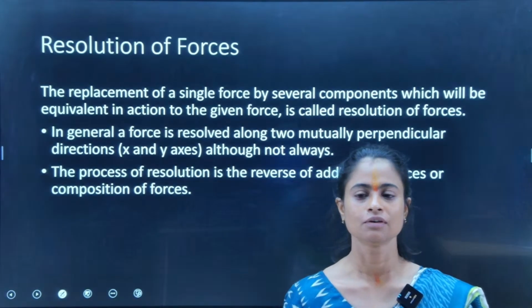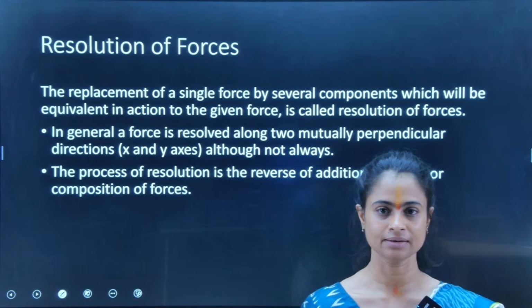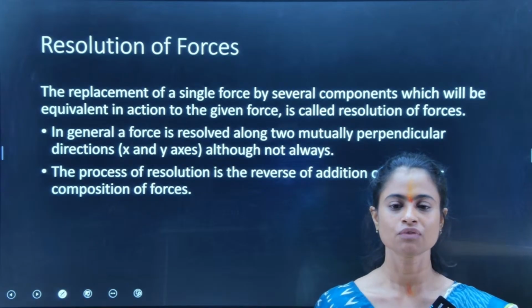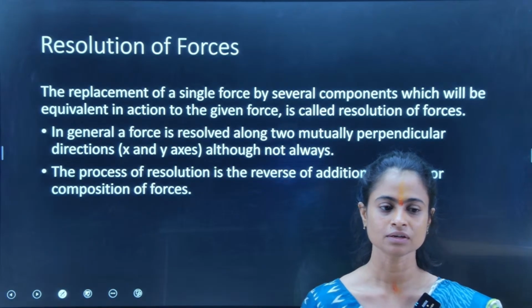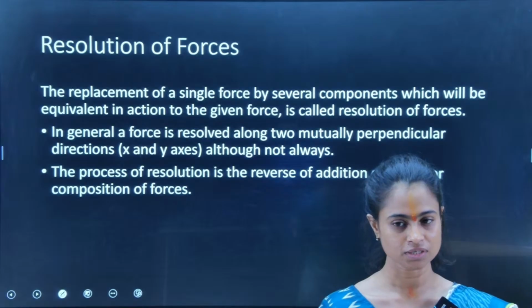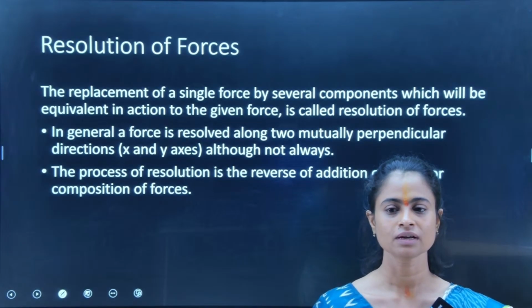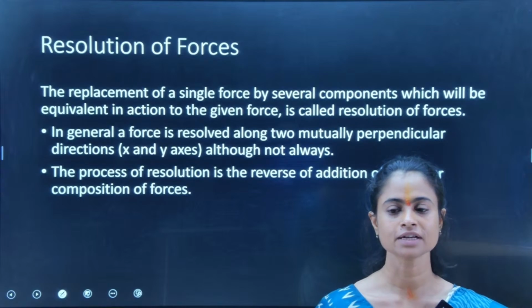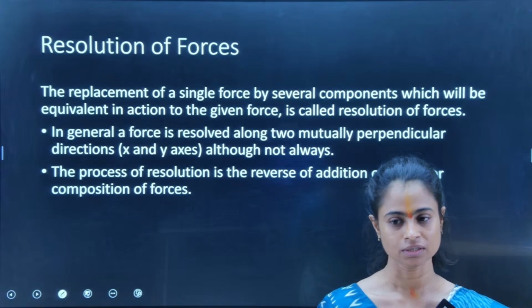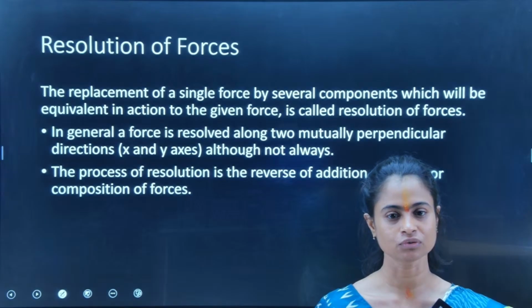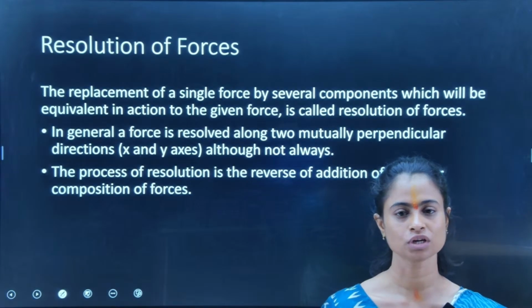We will face some forces which are inclined to either of these axes. In such cases, we have to find the forces along the x-axis and along the y-axis so that we can analyze the equilibrium condition of the body. For that, we need to split the inclined forces along two mutually perpendicular axes, right?